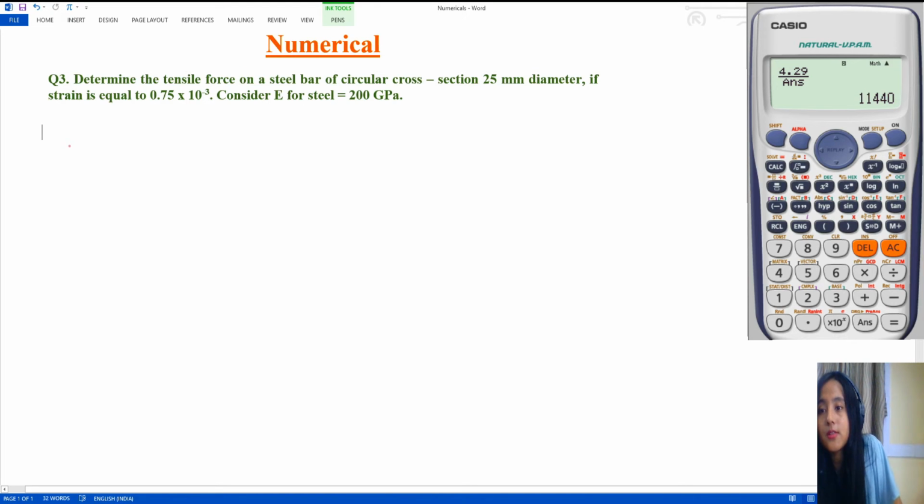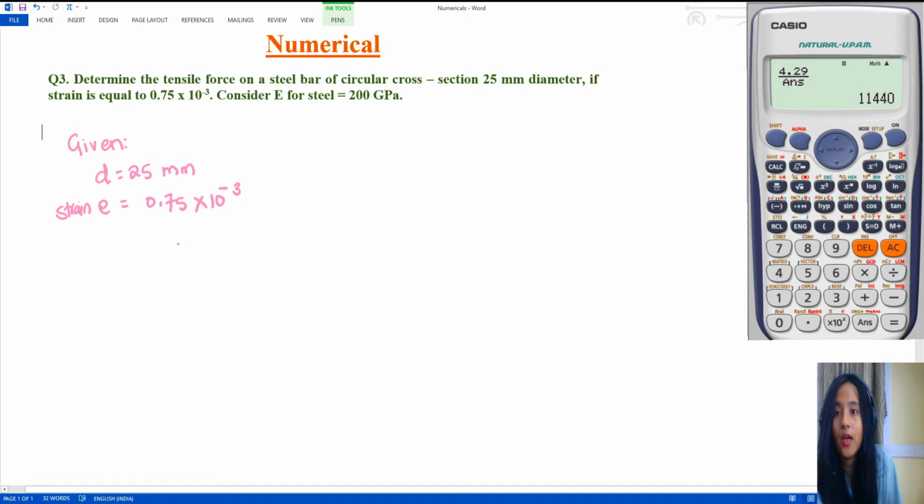So first let us write down what is given. Given from the question: diameter of the cross section D is given 25 mm, right, and strain e is given 0.75 into 10 raised to power minus 3, and strain has no unit.